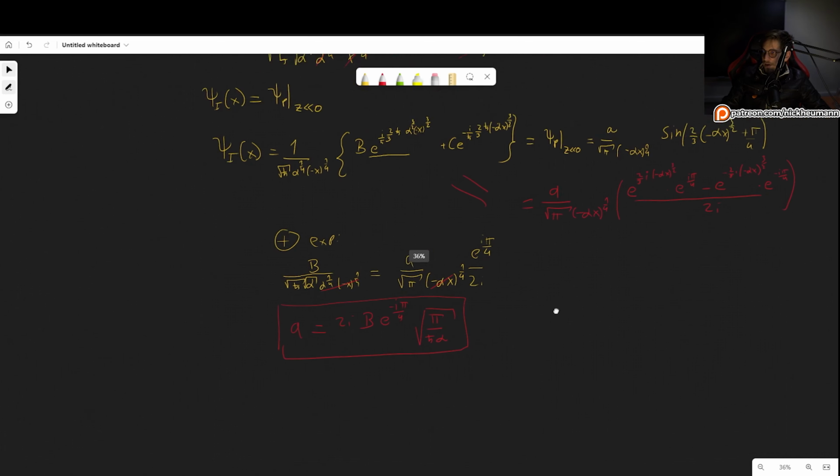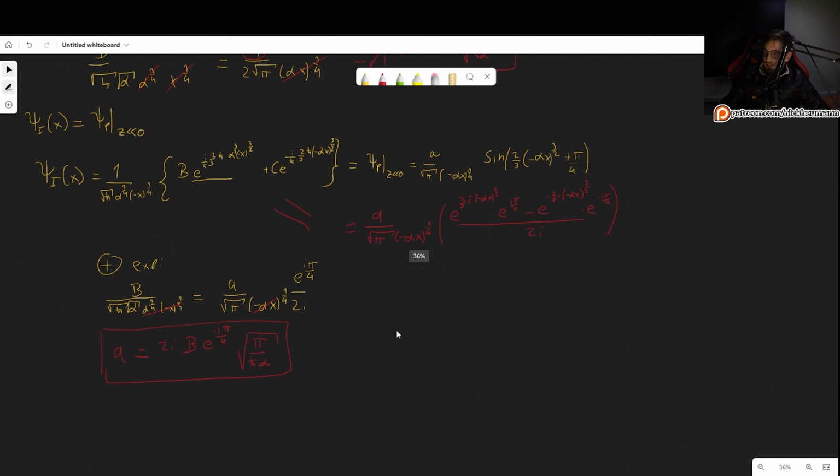Now let's go for the negative exponent. So basically equating this part and this part over there. By doing that, we get, let's see, c divided by square root of h bar, square root of alpha, right, separating this alpha to the 3/4, times minus alpha x to the 1/4.